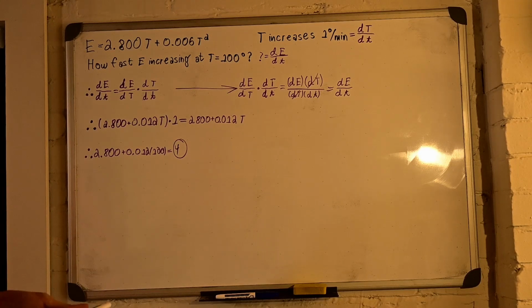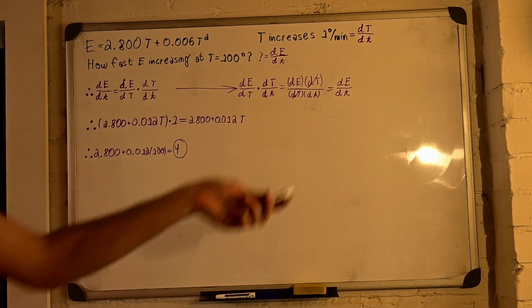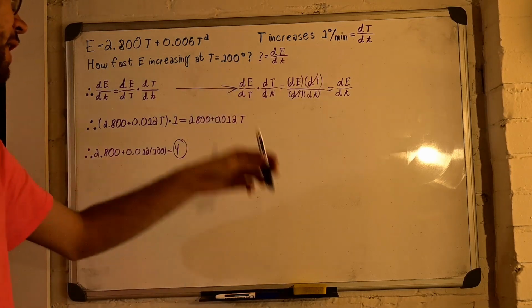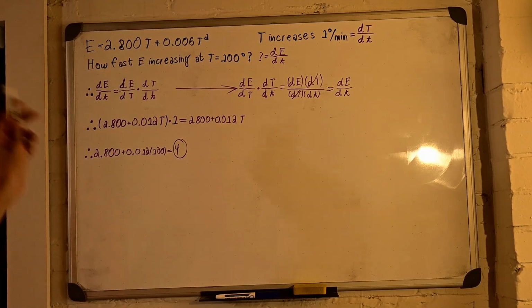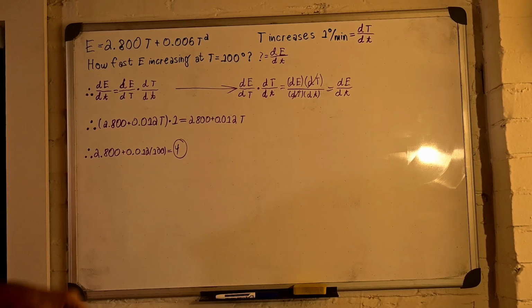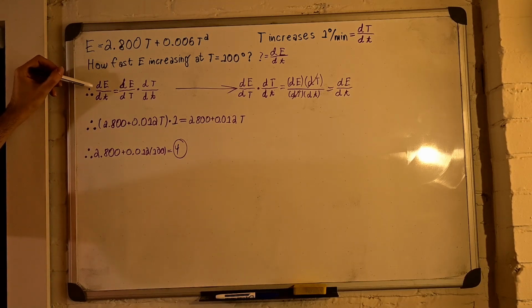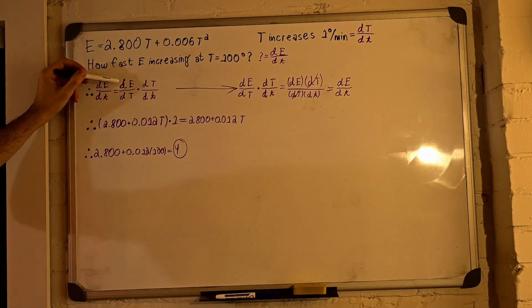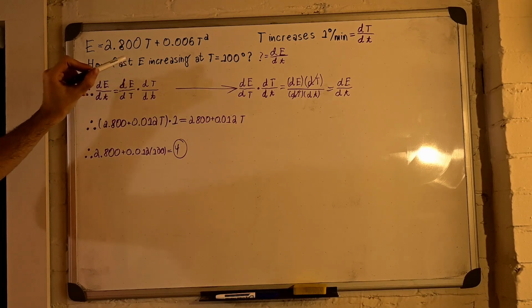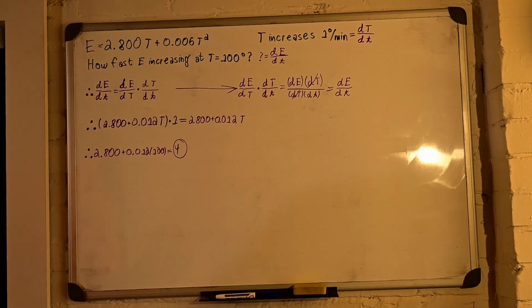So again, these questions give you enough information. They give you an equation of which you're going to find the derivative, and they also give you a derivative already. You combine those two to find what you're looking for. In this case, it's pretty straightforward. The derivative of E with respect to time is equal to the derivative of E with respect to temperature times the derivative of temperature with respect to time.